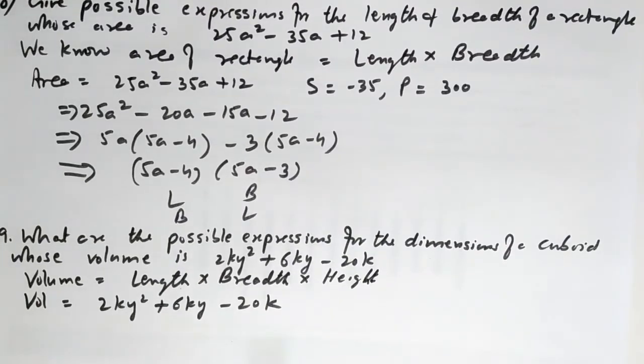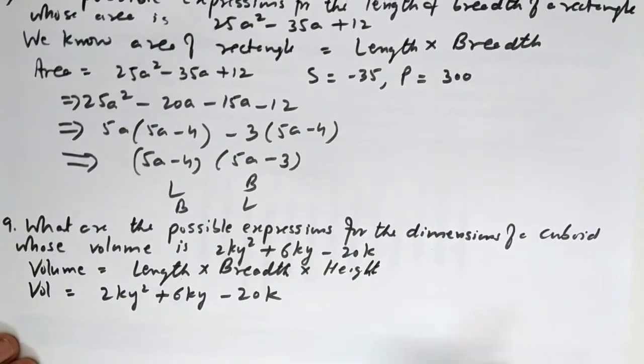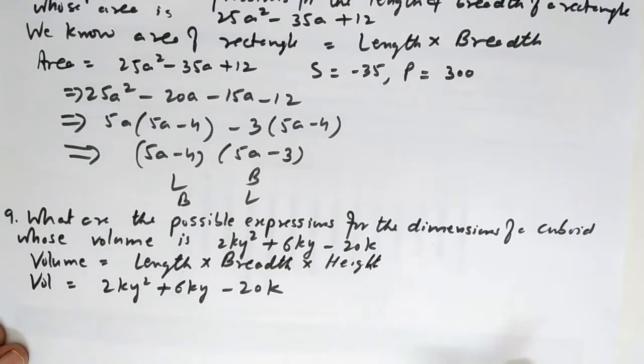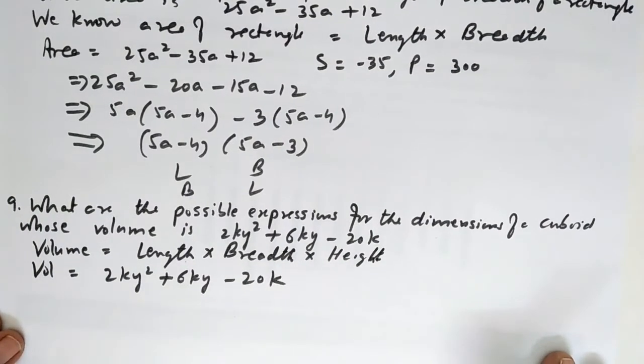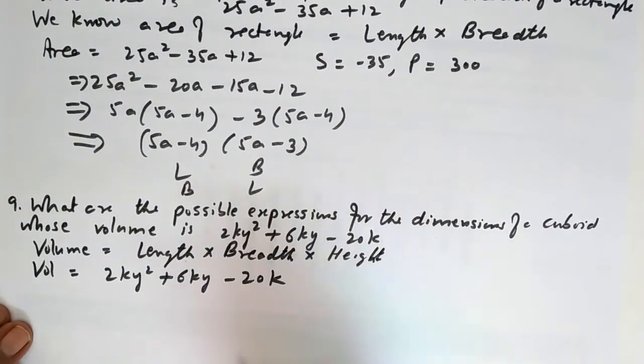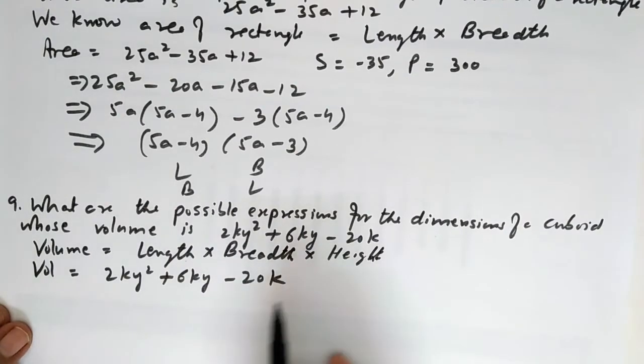Next question, what are the possible expressions for the dimensions of a cuboid whose volume is given by this? You know volume is length into breadth into height. यहाँ पर हमारे को तीन terms का product चाहिए.